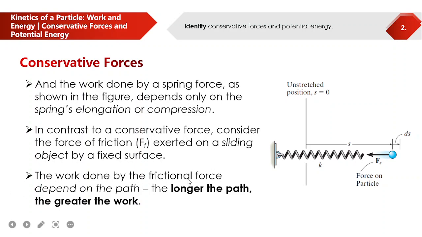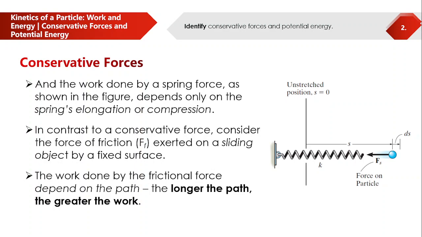Okay? The longer the path, the greater the work. So the longer your path, the more friction accumulates, because it is different for every path the object passes through. So the longer the path, the greater the work of the frictional force.